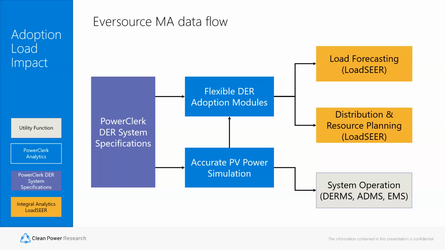And also flows into Fleet View for those PV power simulations. And all of that data then flows into LoadSeer in order for them to be able to do their load forecasting, short-term, long-term, and then also their distribution resource planning. And just as an additional aside, the PV power simulation also goes into some of their system operations.